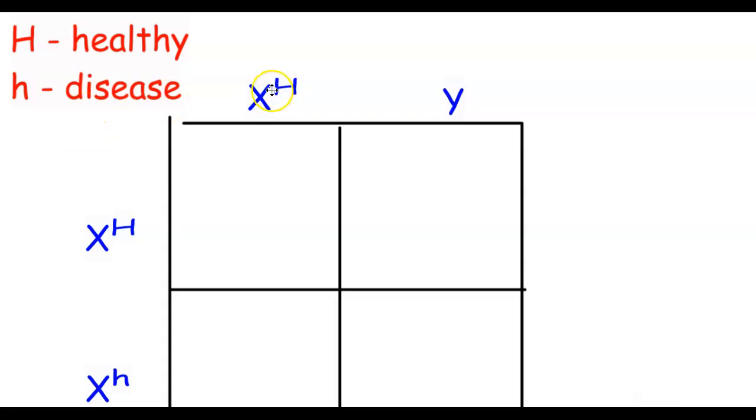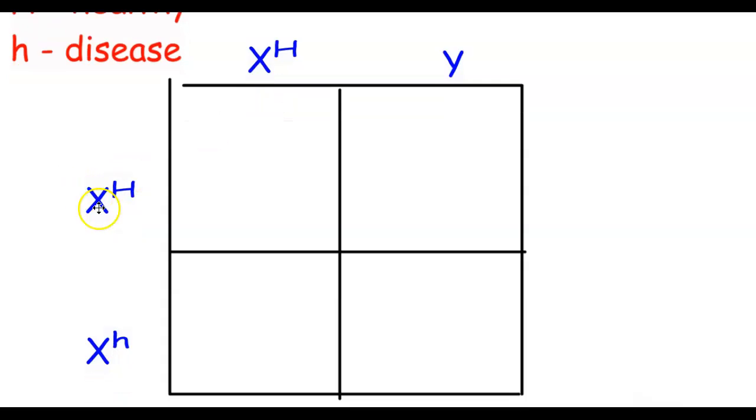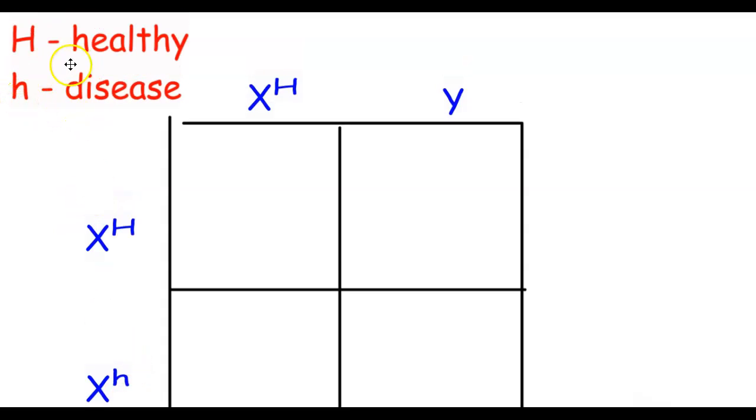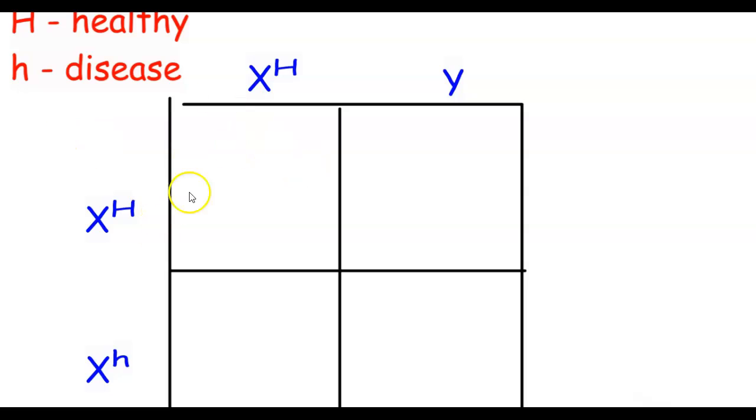Everybody has X chromosomes. Boys, however, also have a Y chromosome. So if you're a boy, your genotype is XY. We're going to put that at the top of our chart. If you're a girl, you have 2 X's, so we'll put them here, XX. Now we're going to add the healthy or diseased form of the gene on the X, because it's only found on the X chromosome. X chromosomes contain genes that make you a girl, but also a human, and things like being able to see color or clot blood are also found on the X chromosome.